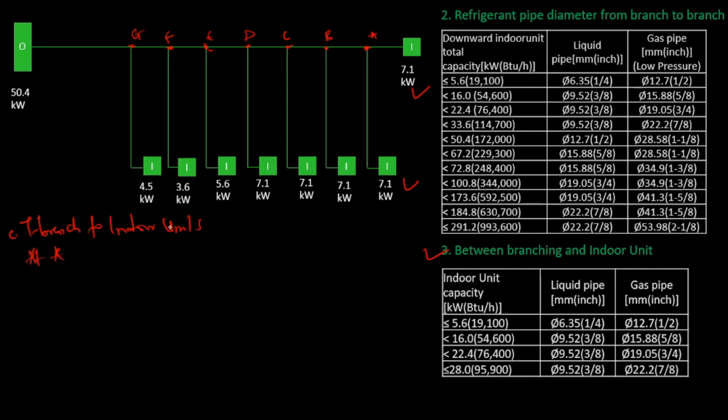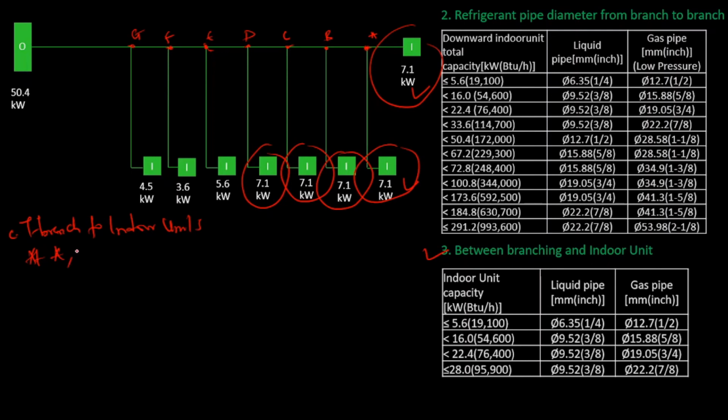A. As a matter of fact, based on experience, I know that if you look at this tree diagram closely, you see that branch A, branch B, branch C, and branch D have similar indoor units.